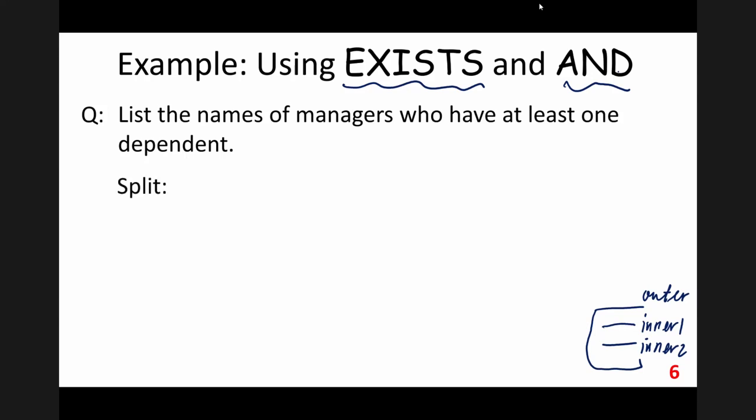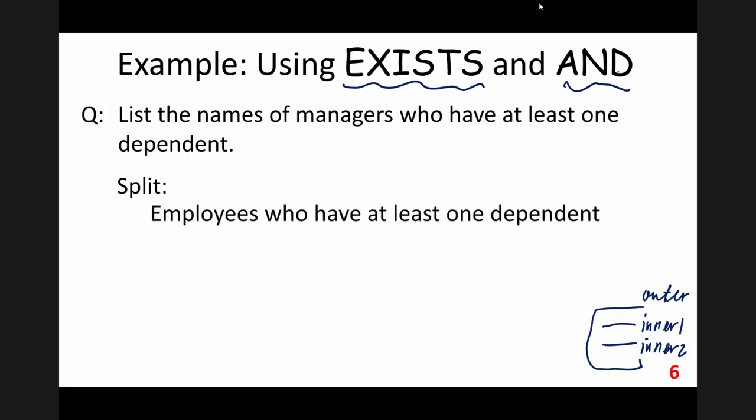So let's look at the split. Before we write a statement, we want to split the requirements. Each requirement, we write one query statement. The first one, employees who have at least one dependent. That's easy to write, right?